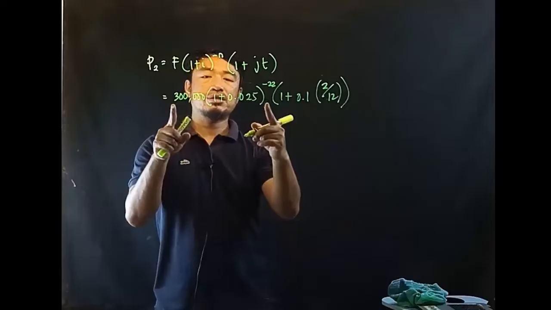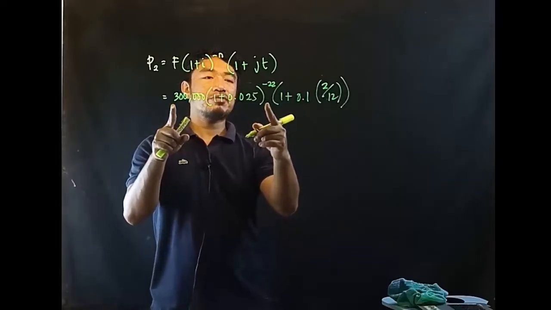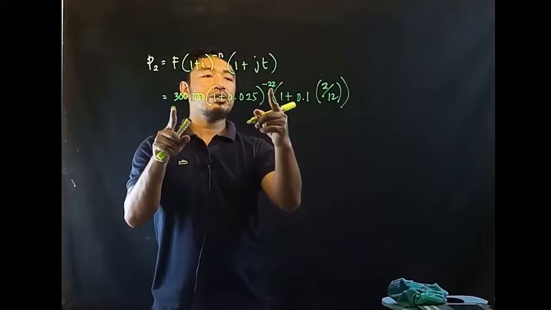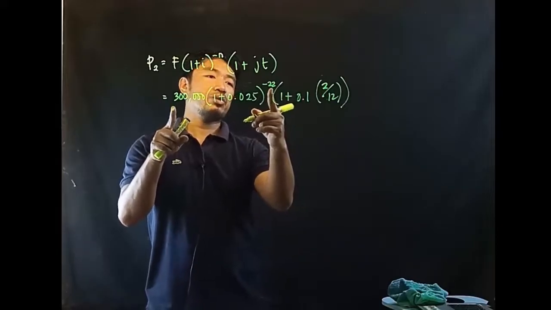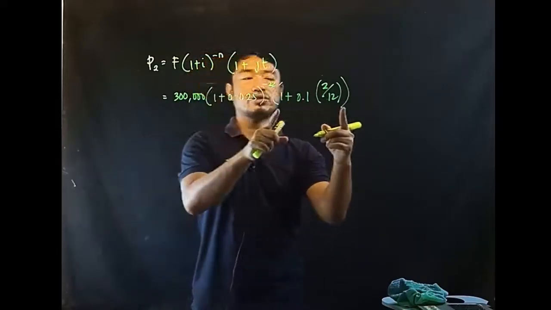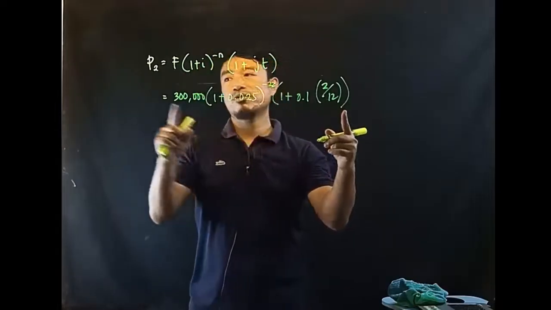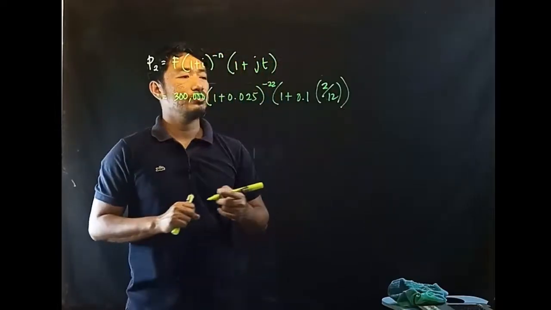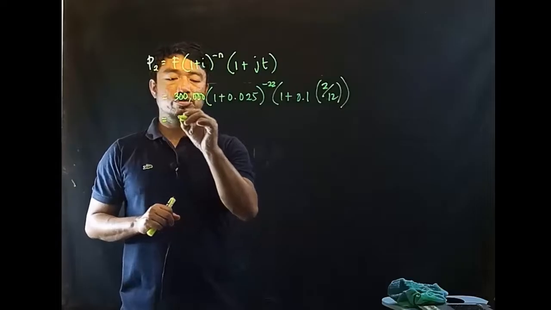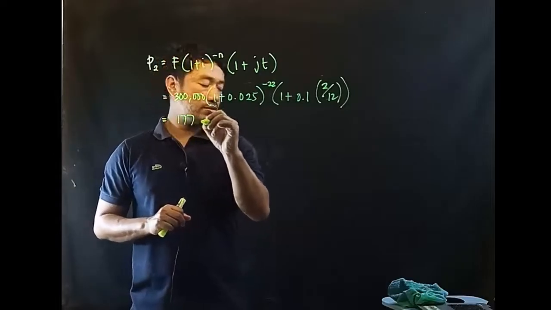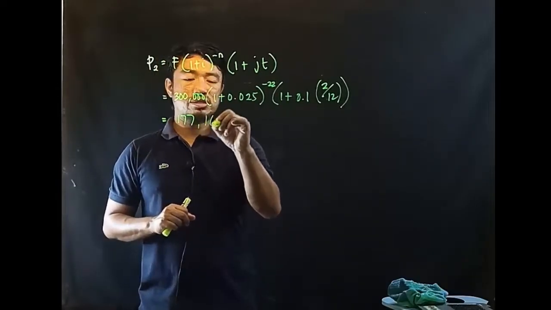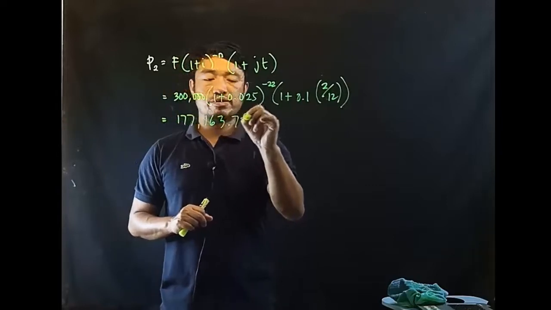Again, this part computes the temporary present value where we added one more period to n. And this factor computes the true present value, and this is also equal to 177,163.72.